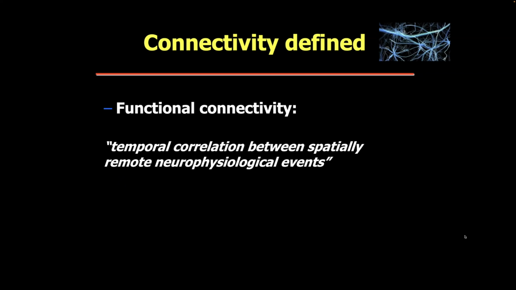All that means is it's a relationship in time, a temporal correlation, between spatially remote neurophysiological events, meaning they have to be two distinct points. They can't be the same node, although there are ways to examine a node connected to itself over time. But in this context, they have to be different nodes and how they're related to each other in their signaling. And that's the neurophysiological part.